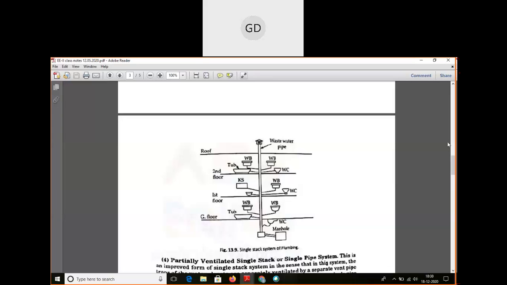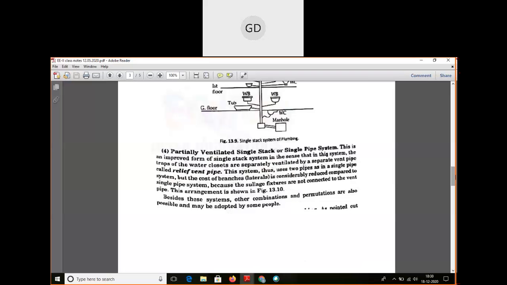Last is your partially ventilated single stack or single pipe system. So what is a partially ventilated single stack or single pipe system? It is an improvised form of a single stack system, in the sense that in this system the traps of the water closets are separately ventilated by a separate vent pipe called the relief vent pipe.